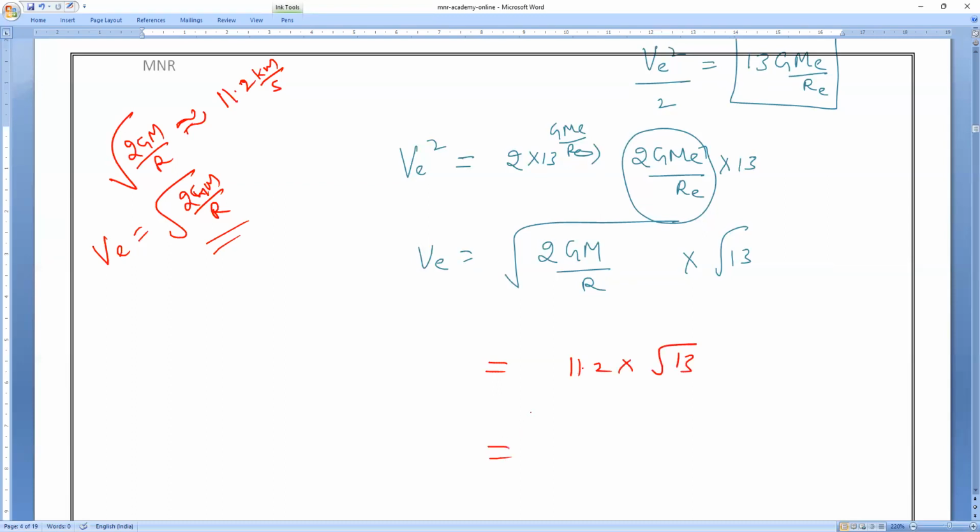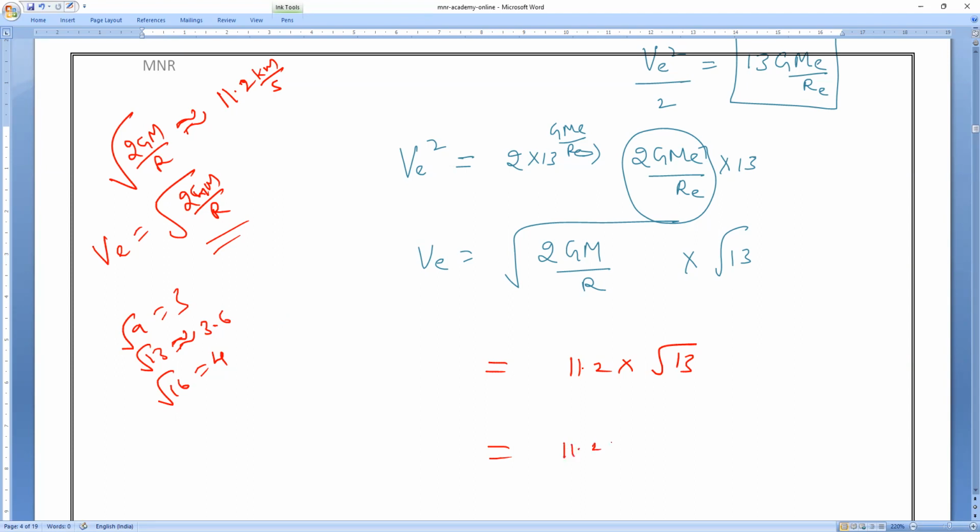Now, can you tell me the root 13 value? You should find it and you need to know it also. Root 9 is 3, root 16 is 4, so root 13 will be approximately closer to 4. The exact value is about 3.6, so I will take 3.6.